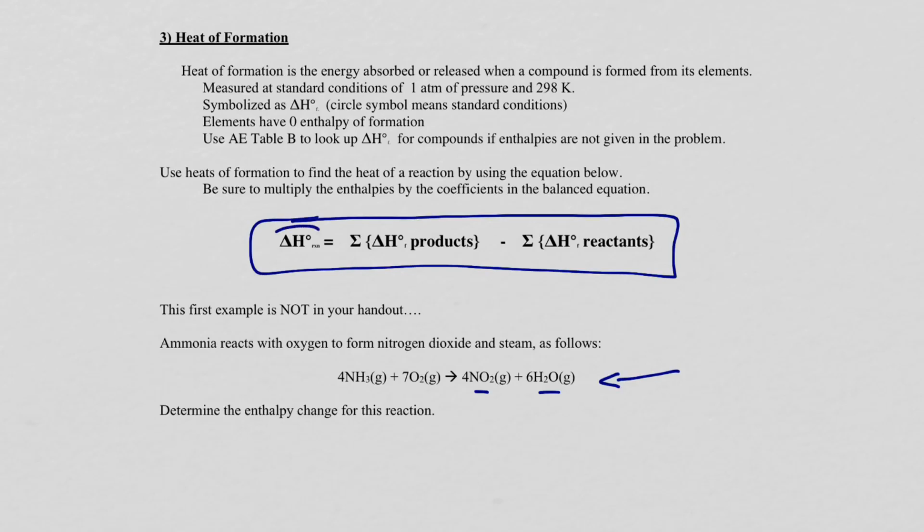So the enthalpy of the reaction, that little degree sign is just to make you recognize that we're working at standard conditions, which is given. We're always going to be working in standard conditions, so you don't really need to worry about that too much. The sigma right here means you're going to have to sum up all the enthalpy of all the products, and we will subtract from that the sum of the enthalpy of all the reactants.